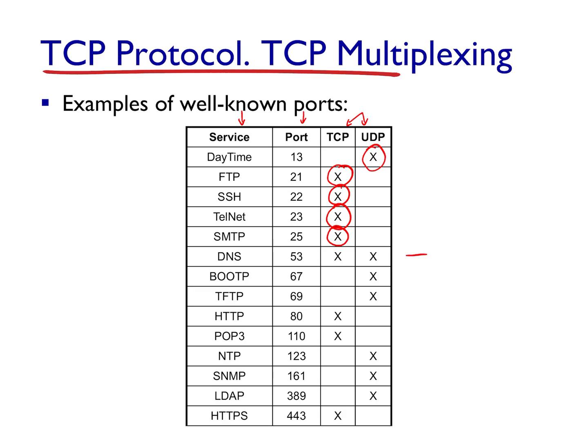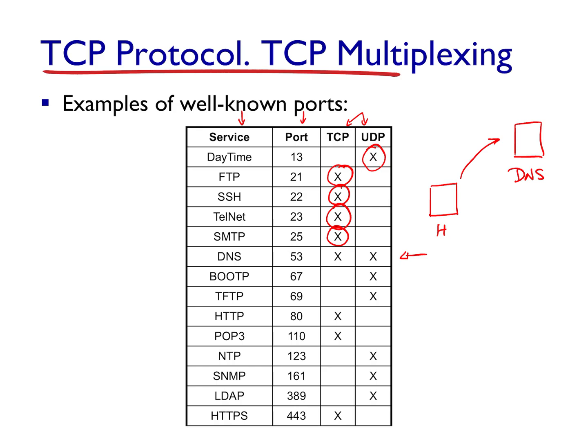DNS is a particular case. You can see that it can run on top of both TCP and UDP. In a normal situation, DNS is invoked from my computer, this host, to a DNS server, to ask for a specific IP address.